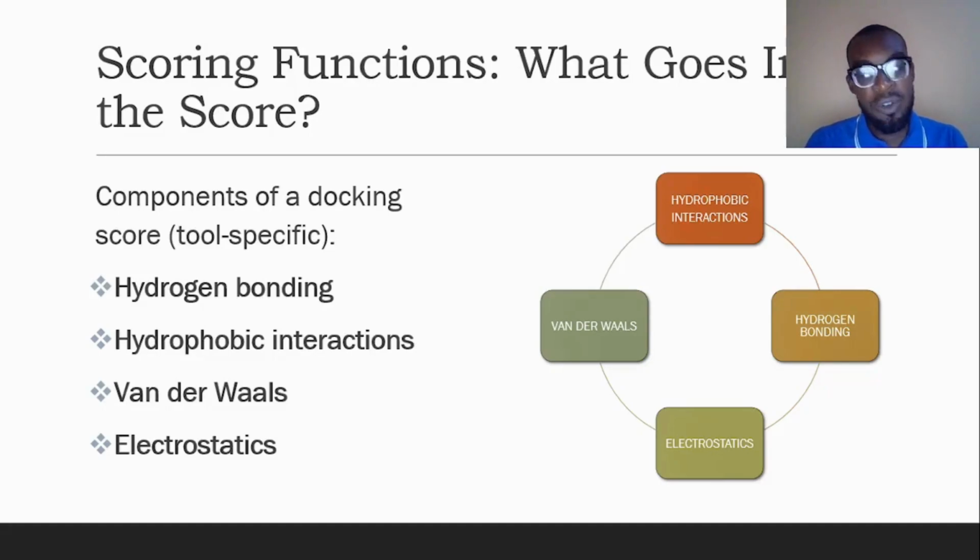But with software like Molegro Virtual Docker, it tells you the contribution of each interaction to the docking score you obtain, and that helps a lot. But understand that once you've gotten a docking score, it's likely capturing all of these interactions.